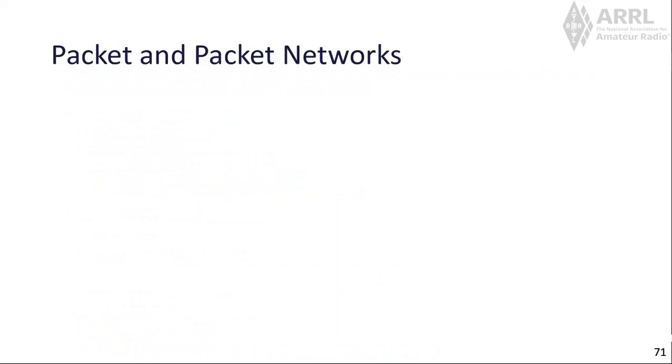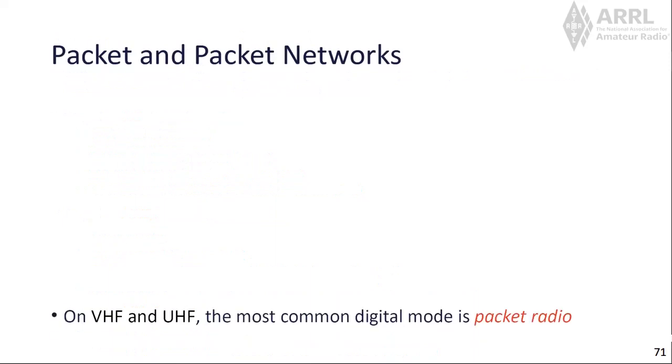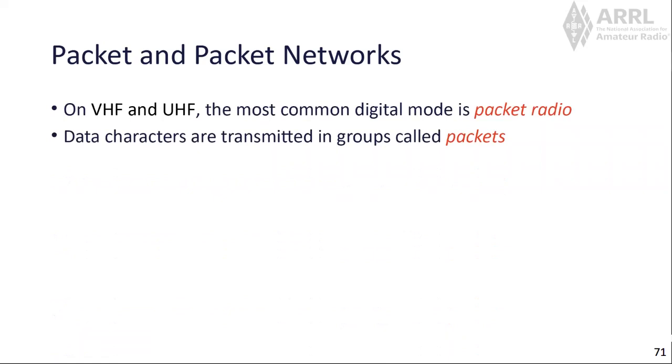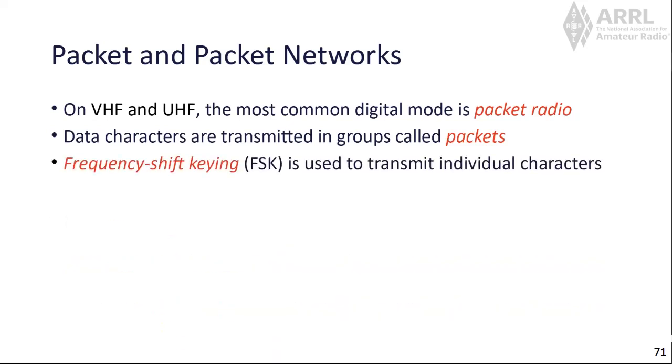Okay, packet and packet networks. On VHF and UHF, the most common digital mode is packet radio. Data characters are transmitted in groups called packets. Frequency shift keying, FSK, is used to transmit individual characters.